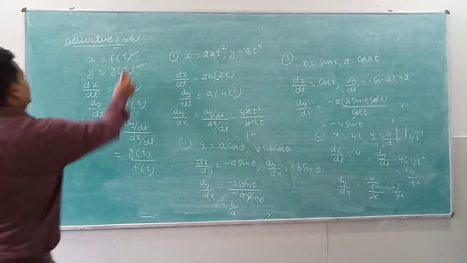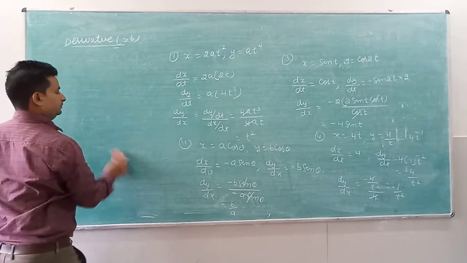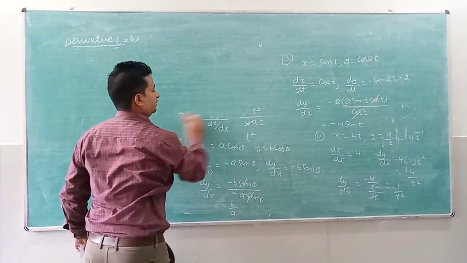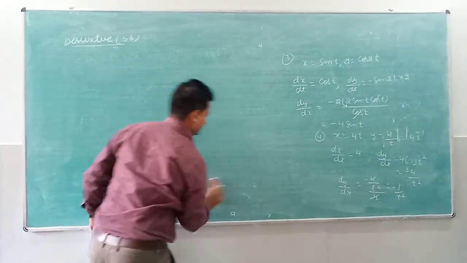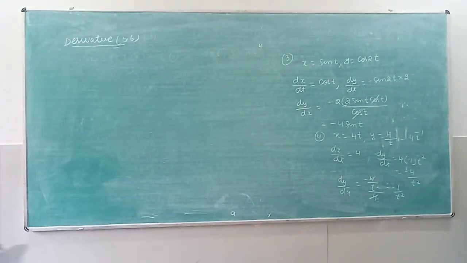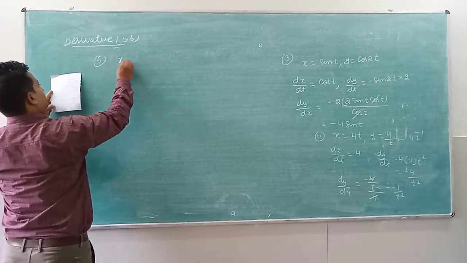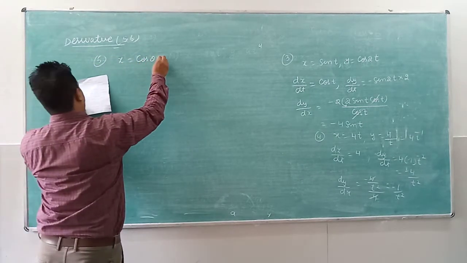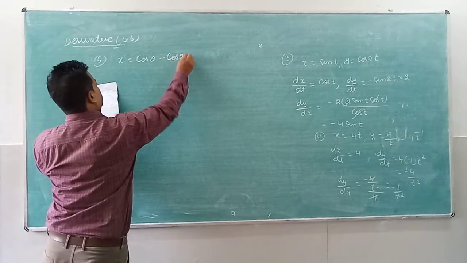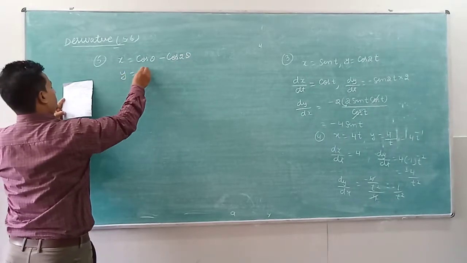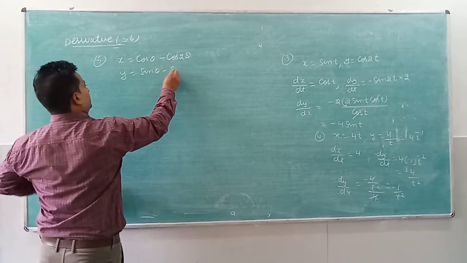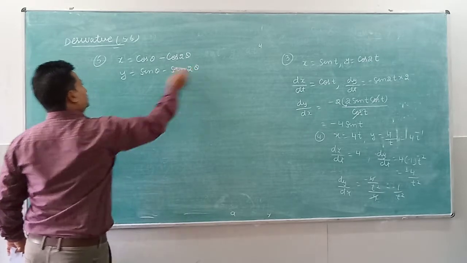In question number 5, the statement is x is equal to cos 2 theta and y is equal to sin 2 theta.